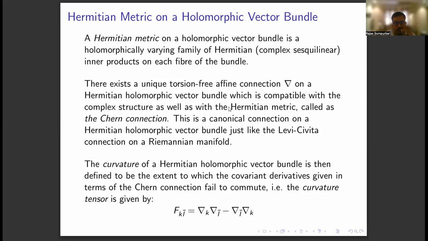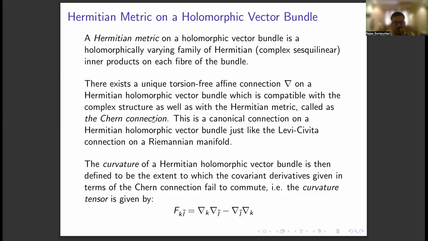Being compatible with the complex structure means that if we take any local holomorphic section of the vector bundle, then nabla of that section with respect to those del by del z_i bars should be equal to 0, and it respects the Hermitian metric as well.